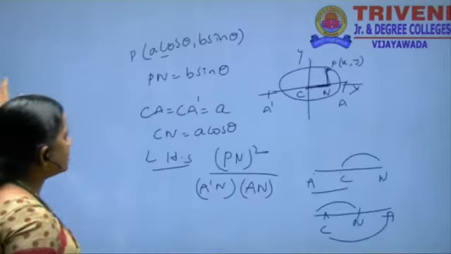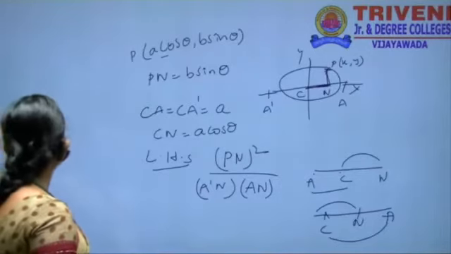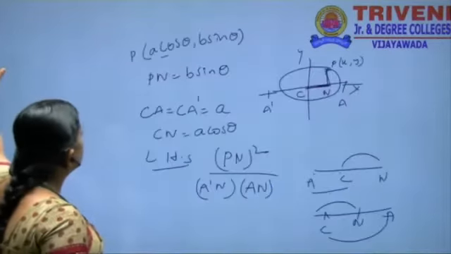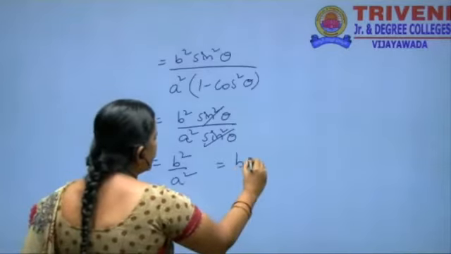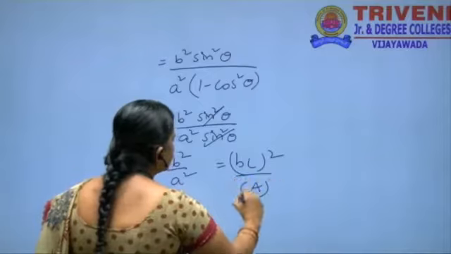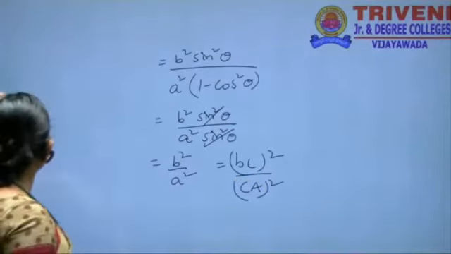The value of b squared is BC whole squared and the value of a squared is CA whole squared.